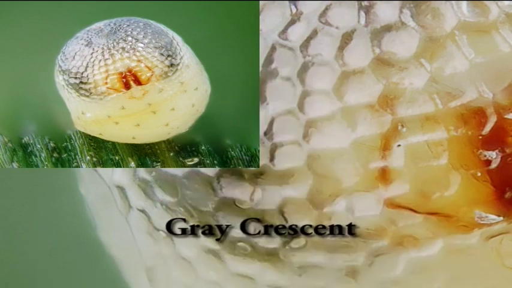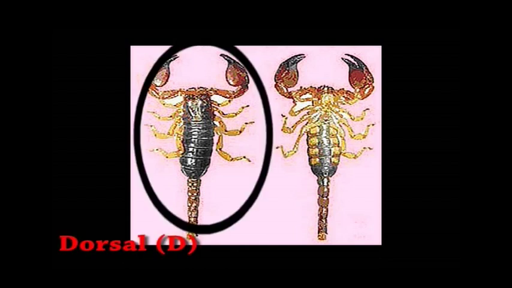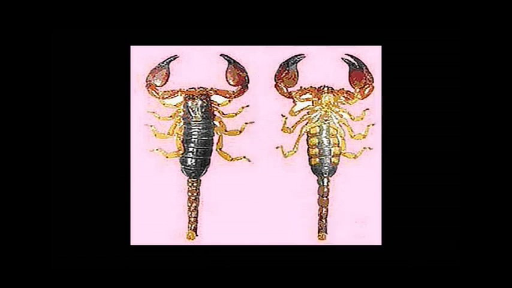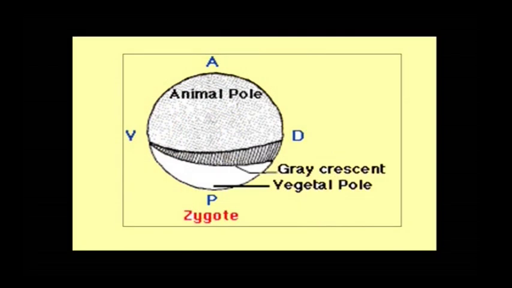The gray crescent forms opposite the point where the sperm entered. It foretells the future pattern of the animal: its dorsal D and ventral V surfaces, its anterior A and posterior P, its left and right sides. The haploid sperm and egg nuclei fuse to form the diploid zygote nucleus.